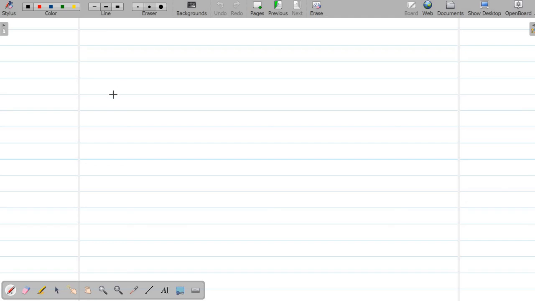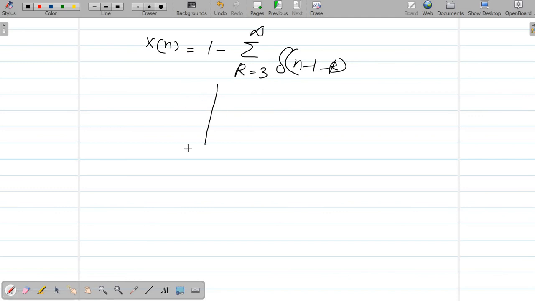Let us try one last problem. Let x of n be equal to the sum from k equals minus infinity to infinity of delta of n minus 1 minus k, minus the same sum starting from k equals 3. So first let us plot the signal. How is it going to be? It is going to be something like this.